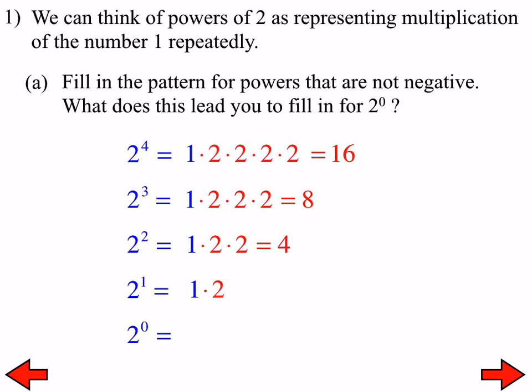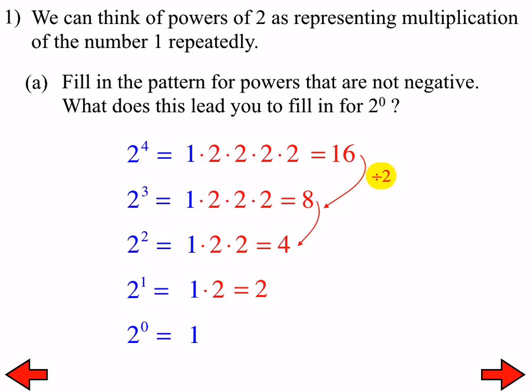Now, what I'm trying to do here is get you to see the pattern as the exponents keep decreasing, right? There's a specific pattern going on here. So based on that pattern, what do you think 2 to the 0 power is? It's 1. Because it is 1, all right? And as we go from 2 to the 4th to 2 to the 3rd to 2 to the 2nd to 2 to the 1st, we can think of it as dividing by 2 or multiplying by 1/2.